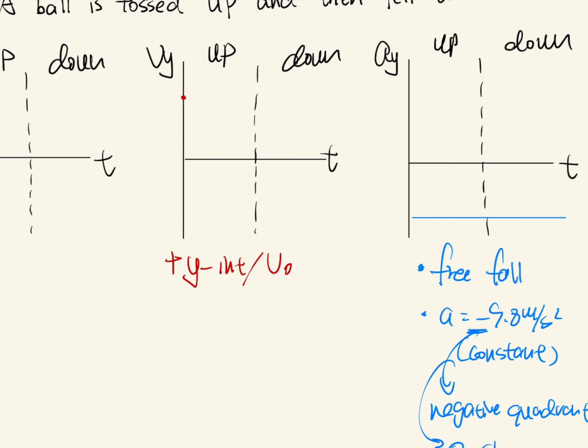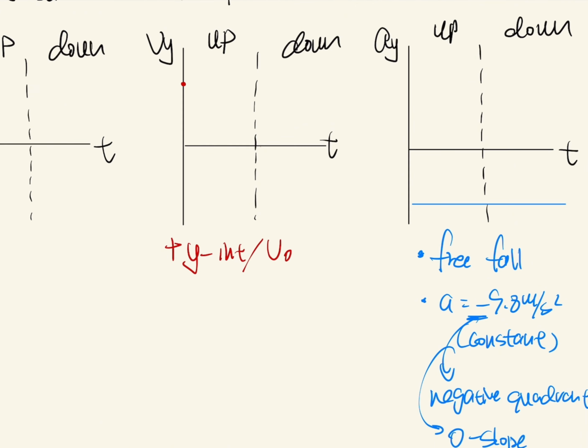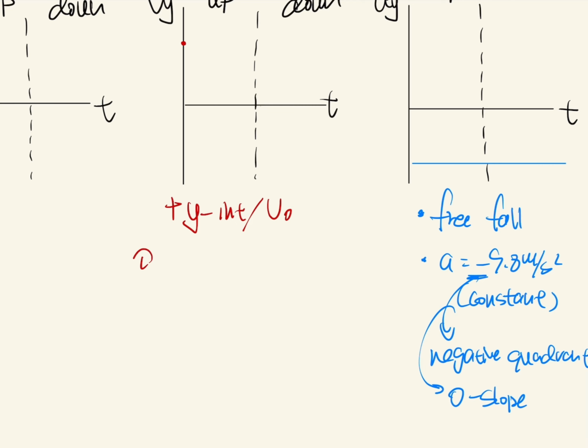From here, we have two ways to think about it. The first way is just using slope. We know the slope of the VT graph is acceleration, and since acceleration is constant, we know that its slope is constant as well.